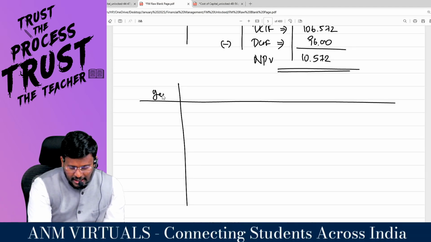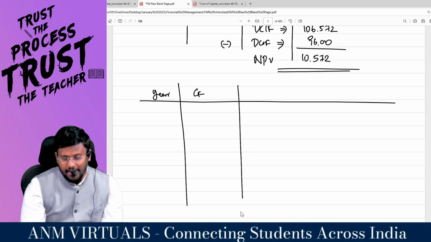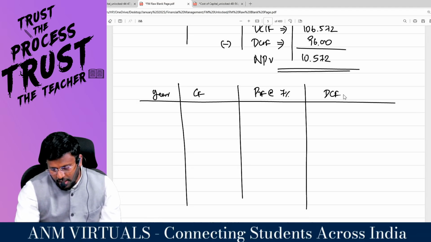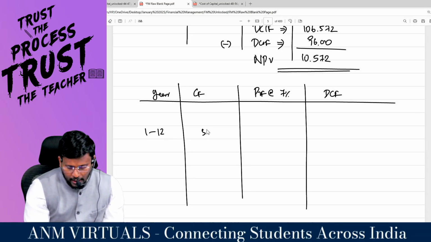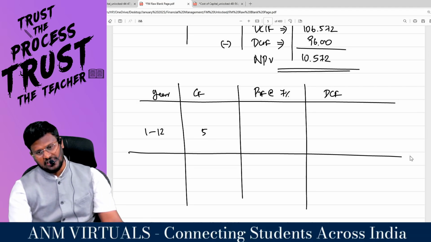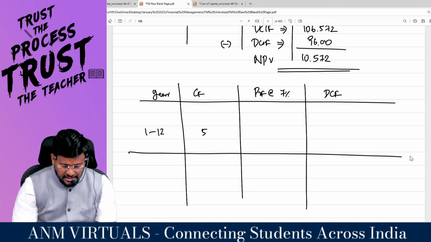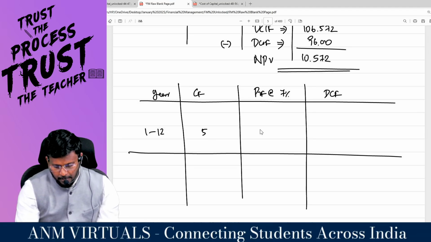Fantastic, sir. So here, cash flow, the next one, present value factor at 7%, discounted cash flow. Year 1 to 12, you will be having a cash inflow of 5 rupees. So 1 divided by 1.07, pressing equals 12 times, the GT will be 7.942.